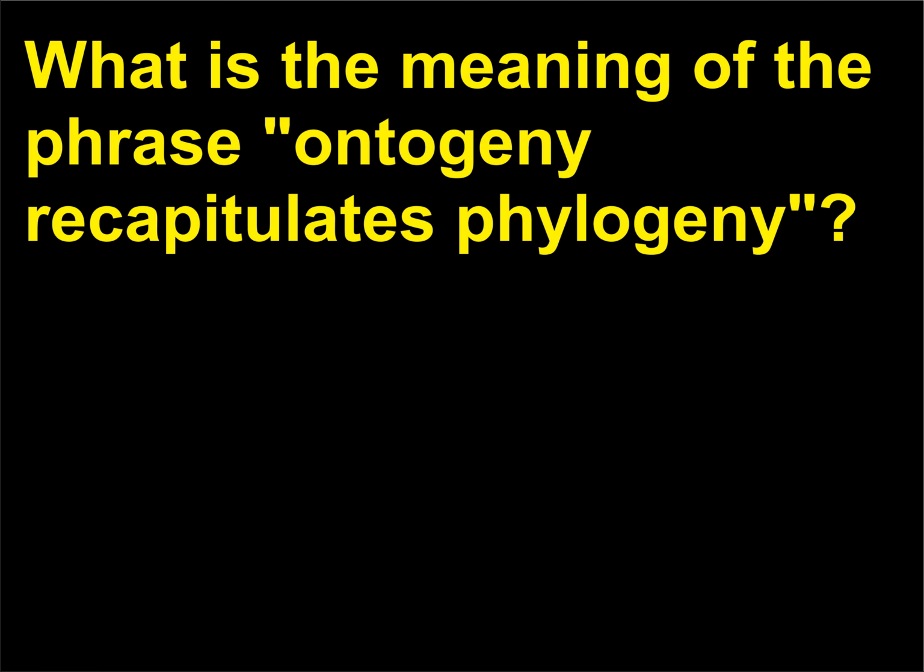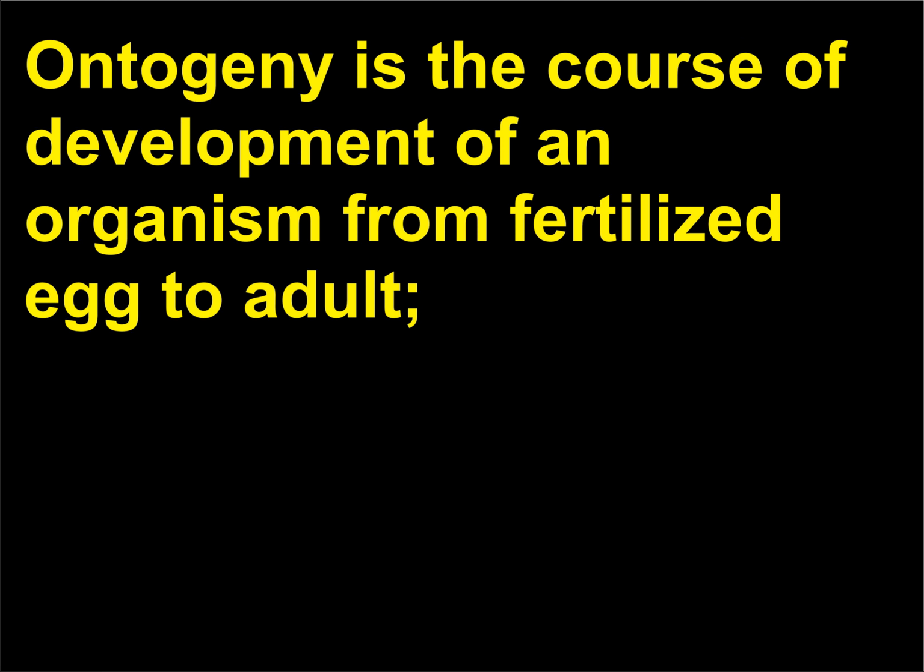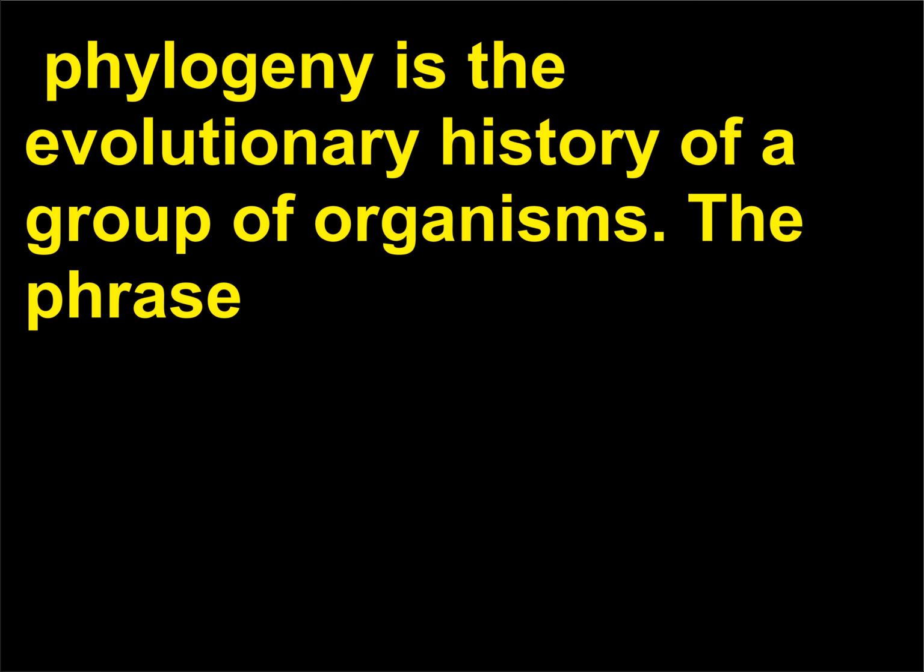What is the meaning of the phrase "ontogeny recapitulates phylogeny"? Ontogeny is the course of development of an organism from fertilized egg to adult. Phylogeny is the evolutionary history of a group of organisms.